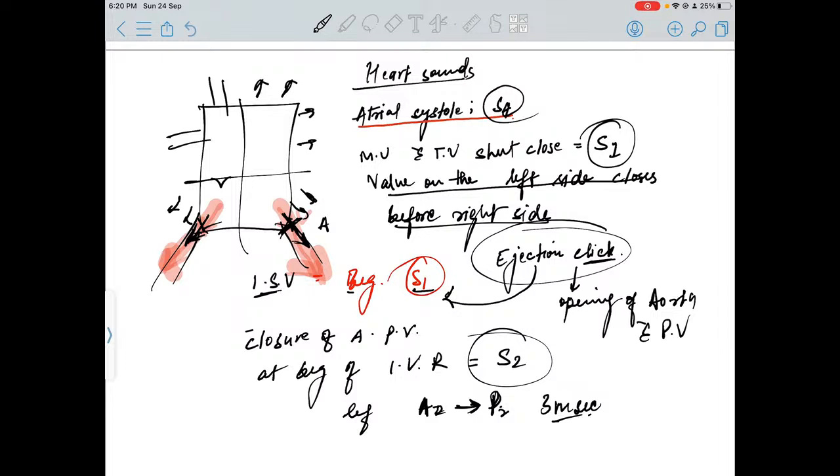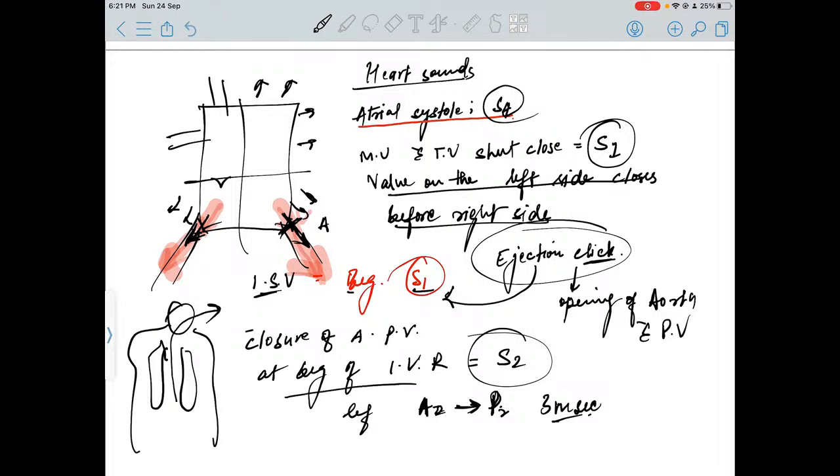Now on expiration, no such distinction can be made. When a person is expiring, this 3 millisecond distinction cannot be made. But when a person is inspiring, this distinction can be made. Now A2 is shutting independent of inspiration, but the P2 sound oscillates.